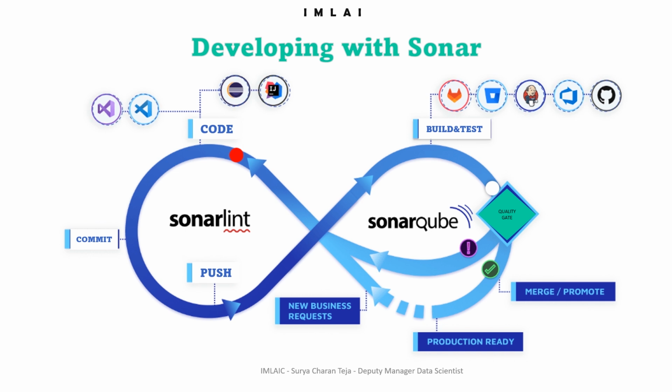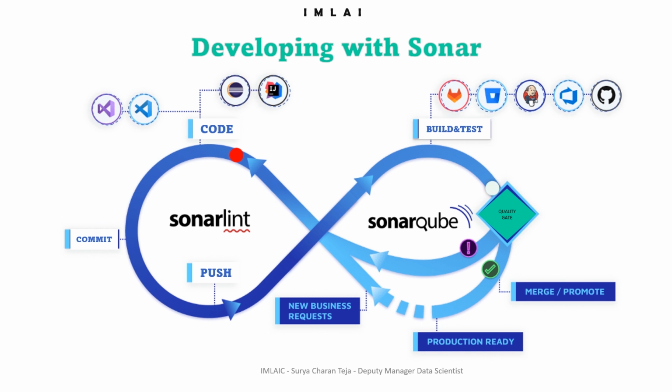SonarQube also provides in-depth guidance on the issues, telling you why each issue is a problem and how to fix it, adding a valuable layer of education for developers of all experience levels. Developers can then address issues effectively. So code is only promoted when the code is clean and passes the quality gate.